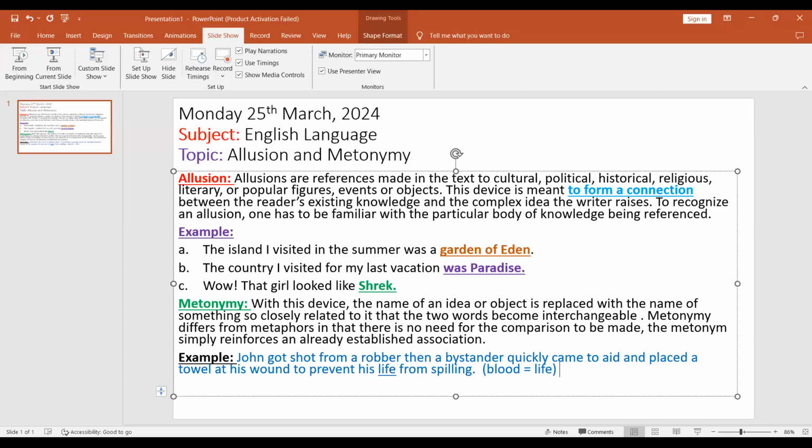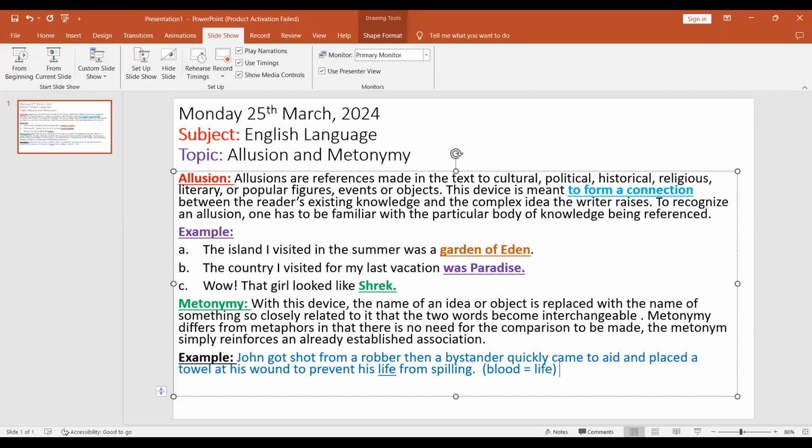Once we say life, you already know we mean blood. You see what I'm saying? And especially inside poetry, you get this where, instead of using the actual word, they would use something like a metonymy, because you just need to say one word and you mean another thing.